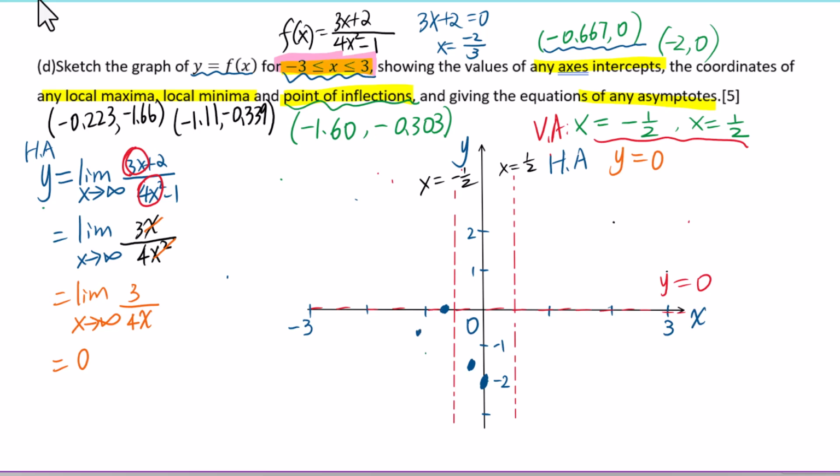Local minimum. Point of inflection. Label.